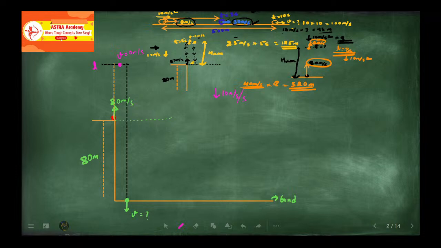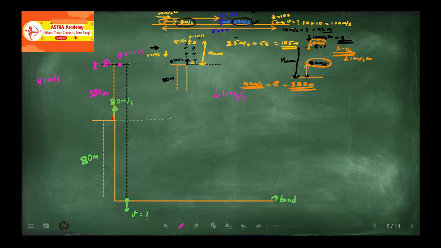So it will take 8 seconds. Again, same thing we are doing: 80, and here the velocity is 0. The average velocity will become 40, the middle number between 80 and 0. 40 into 8 is 320 meters. Same thing we did here, we are doing here also. Is it understood to everyone?